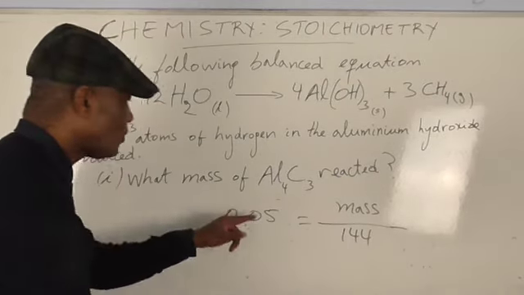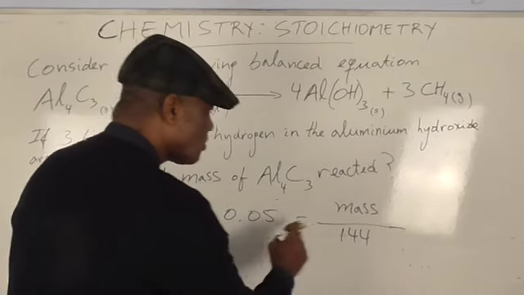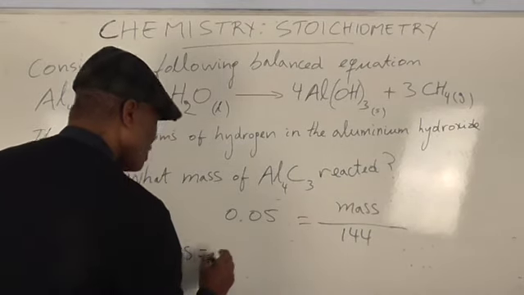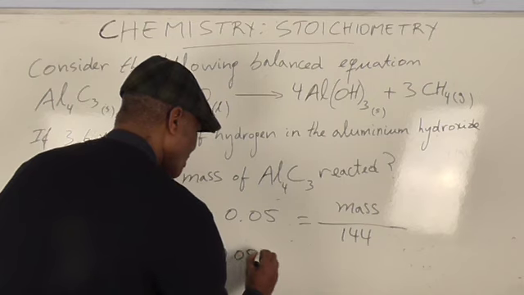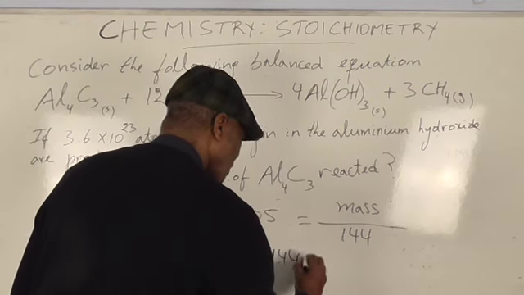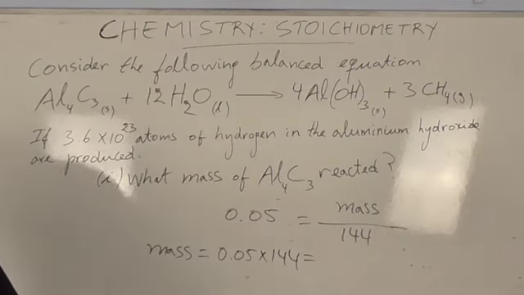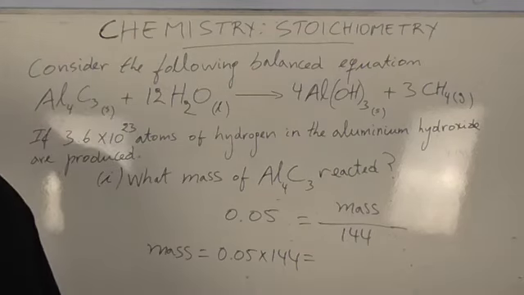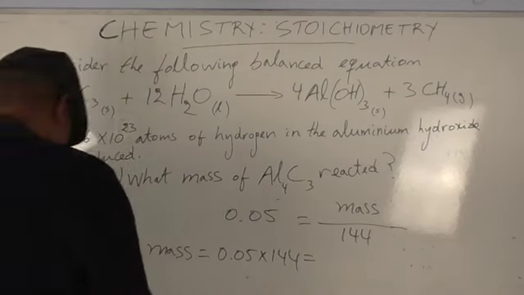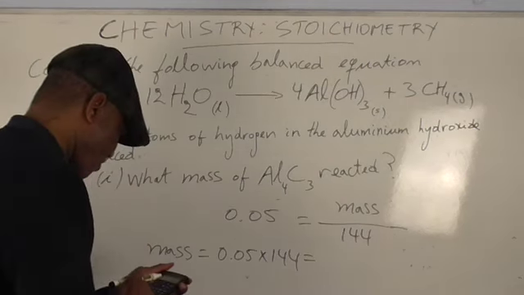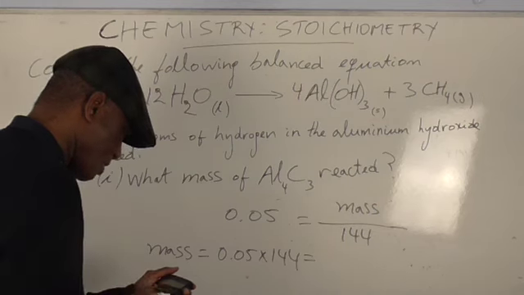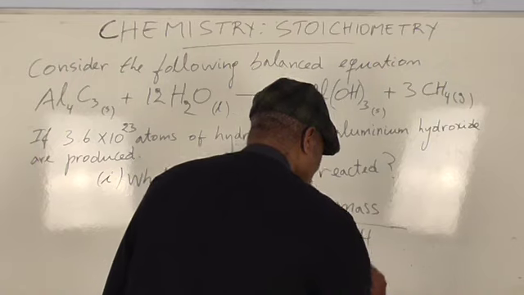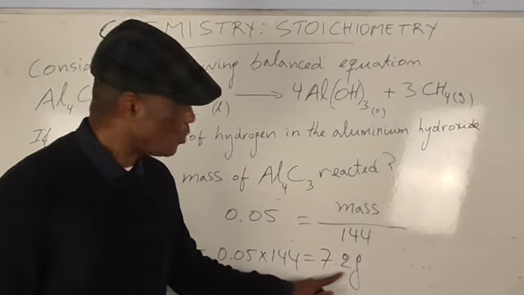Now the mass will be, by cross multiplication, 0.05 multiplied by 144. We take the calculator. If we multiply 0.05 by 144, this is going to give 7.2 grams.